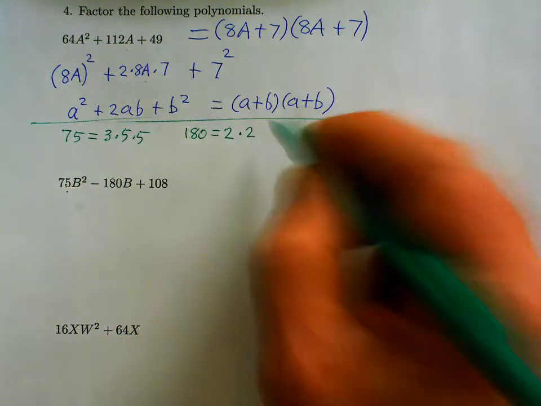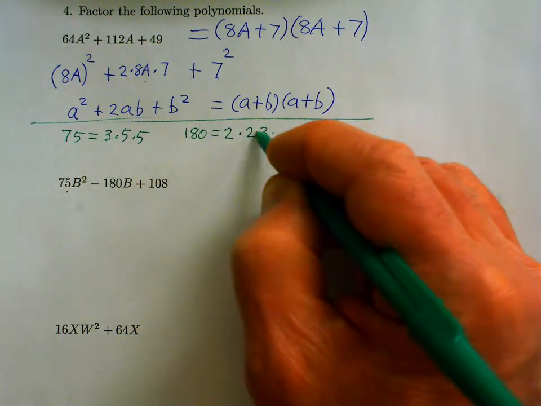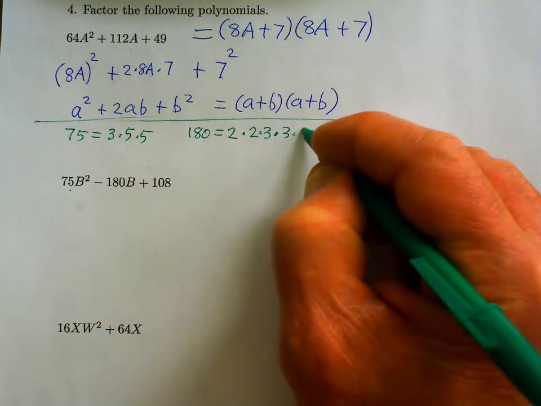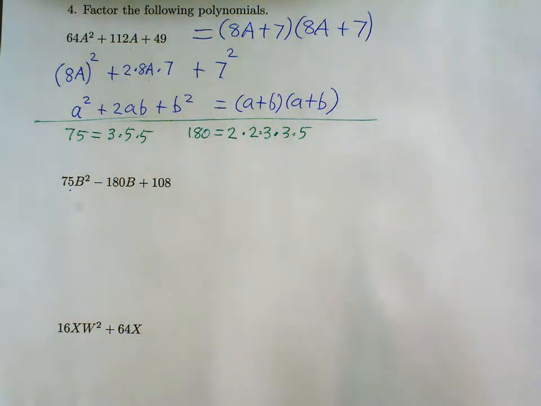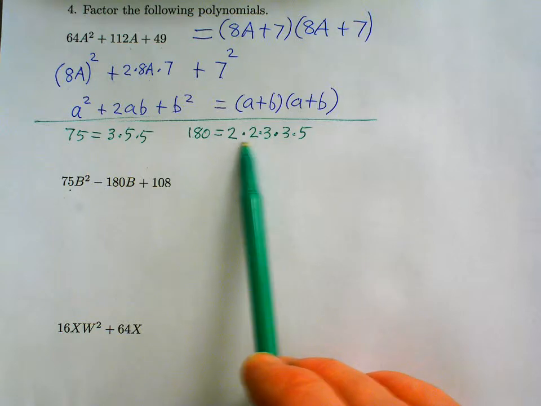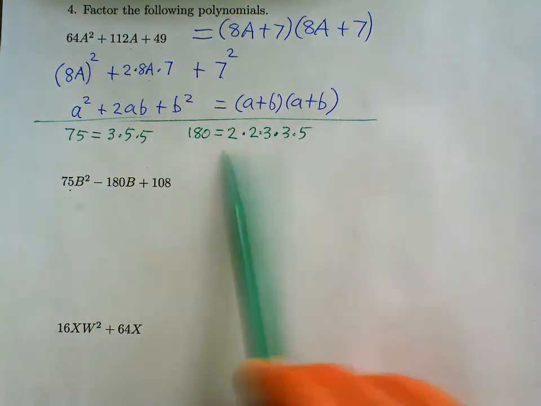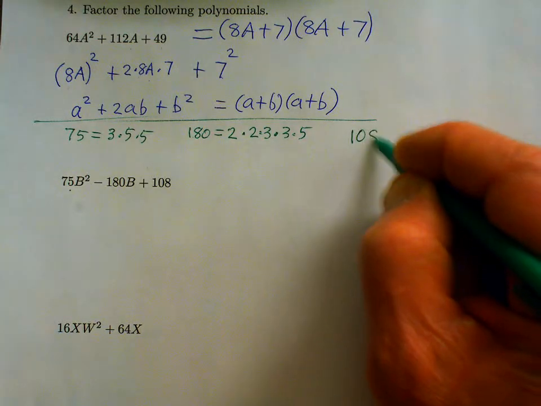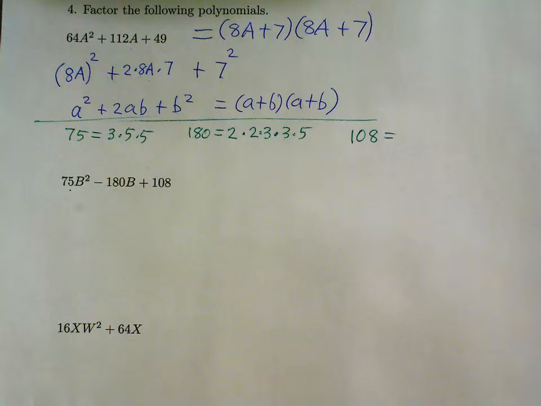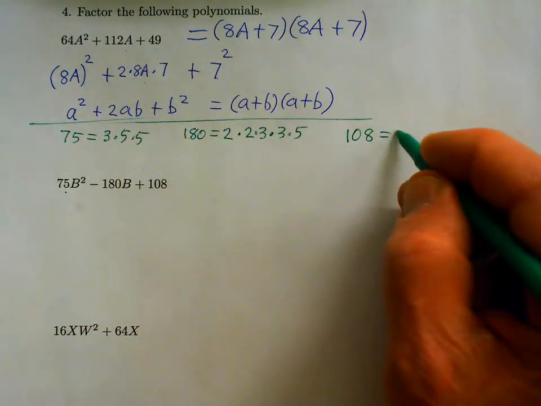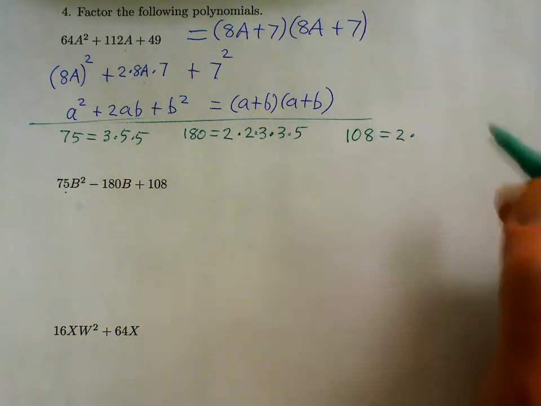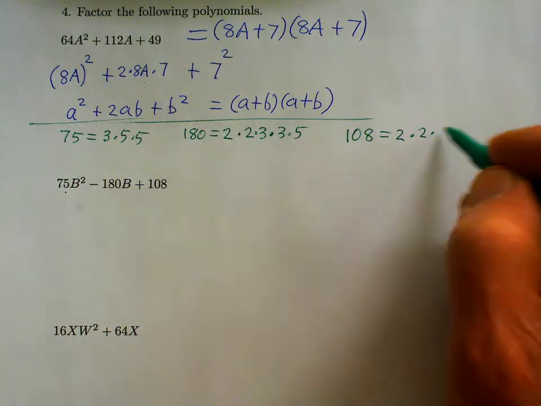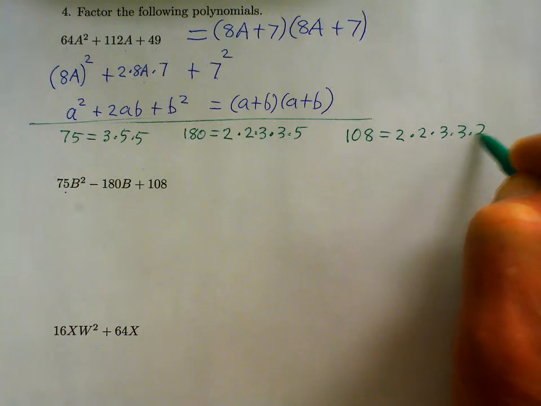And 45 is 3 times 15, and 15 is 3 times 5. Yeah, that's right. That's the prime factorization of 180. The prime factorization of 108. Well, 2 is a prime number. 2 times 54. 54 is 2 times 27. And 27 is 3 times 3 times 3.